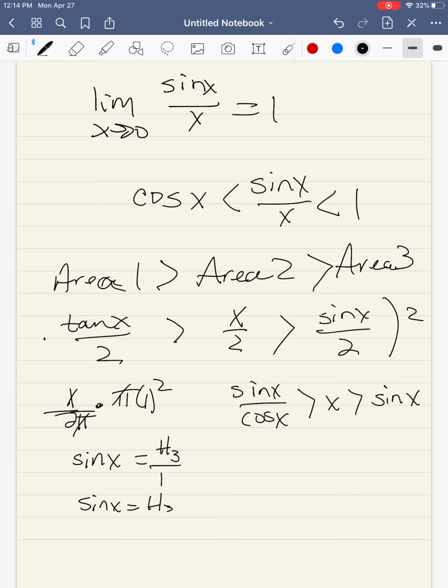Okay, and then next, because we know we're dealing with 1 here somehow, if we divide every term by sine of x, then we're going to end up with 1 over cosine of x over sine of x, and sine x over sine x would be 1.